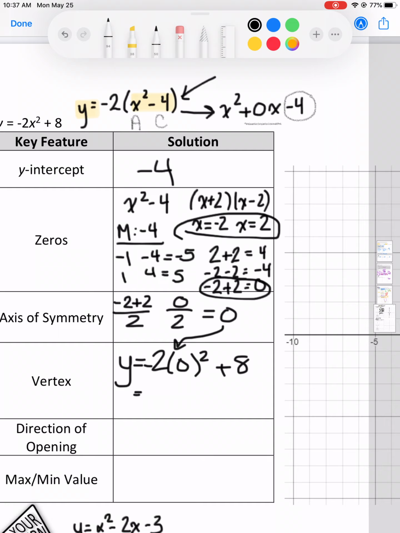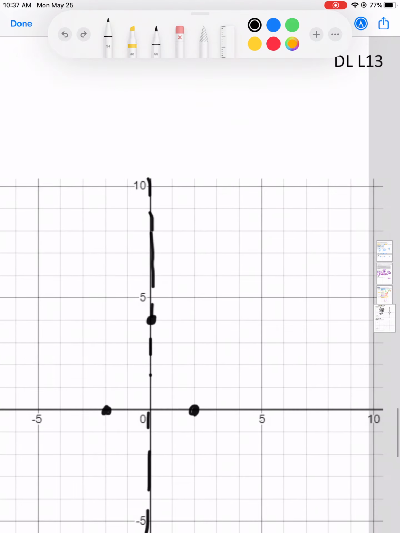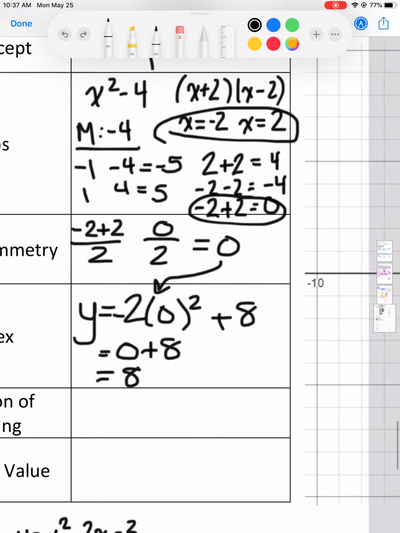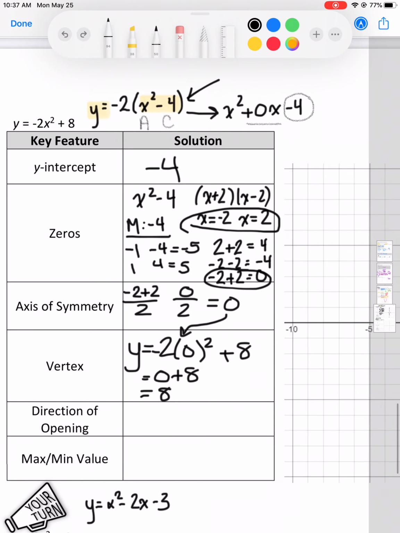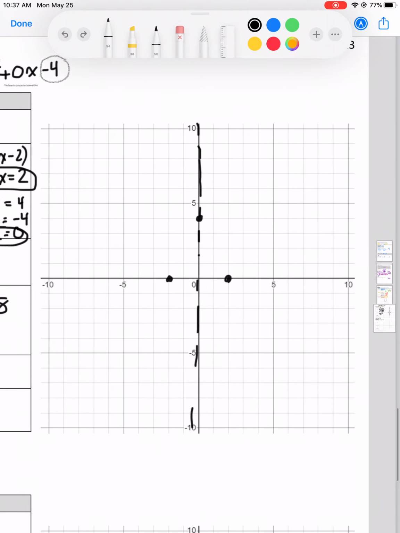Zero squared is 0. 0 times negative 2 is 0. 0 plus 8. 8. So our vertex is going to be up at, oops. Oh, there we go.